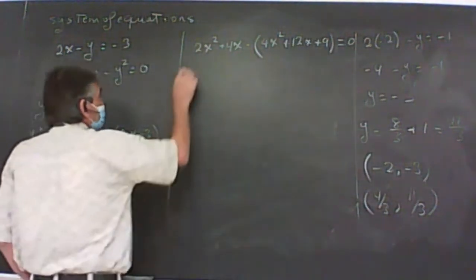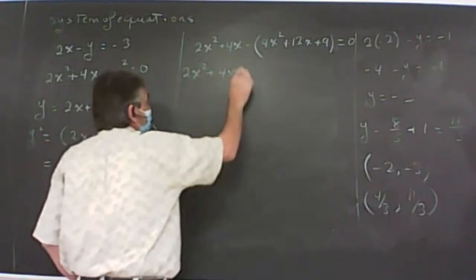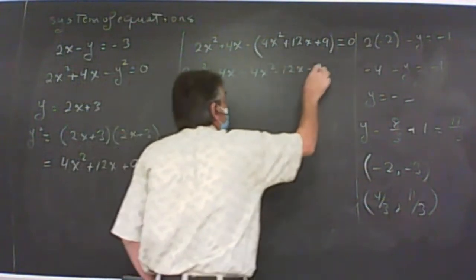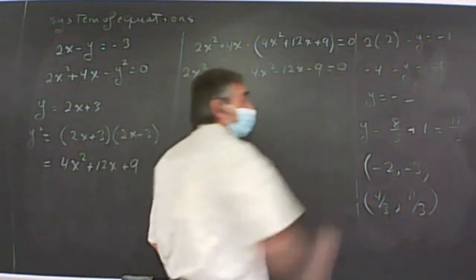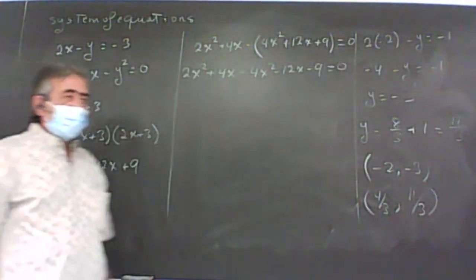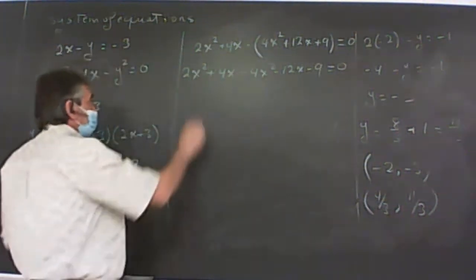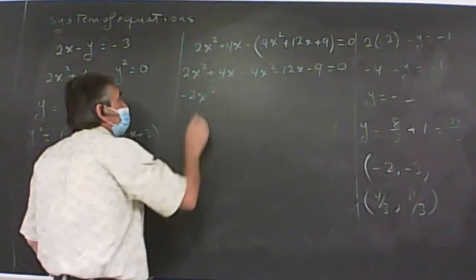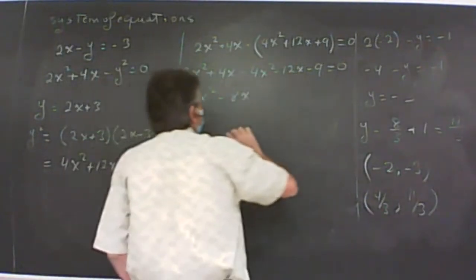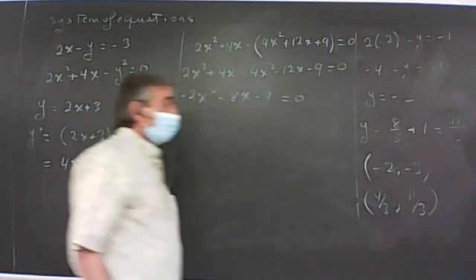Let's remove the parentheses. So we have 2x squared plus 4x minus 4x squared minus 12x minus 9 equals 0. Let's simplify that. 2x squared minus 4x squared is negative 2x squared, 4x minus 12x is minus 8x, and then we have a minus 9 equals 0.